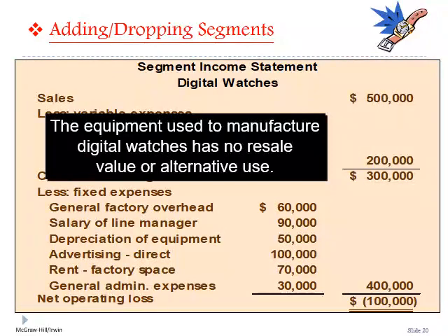So we will compare the contribution margin lost, which is 300,000, with the relevant fixed expenses, which are the costs that cannot be ignored, the ones that affect the decision. Let's see the final solution in the next slide.